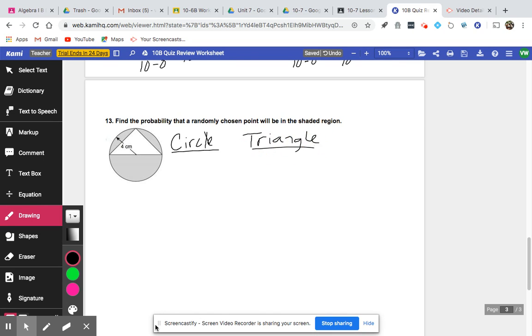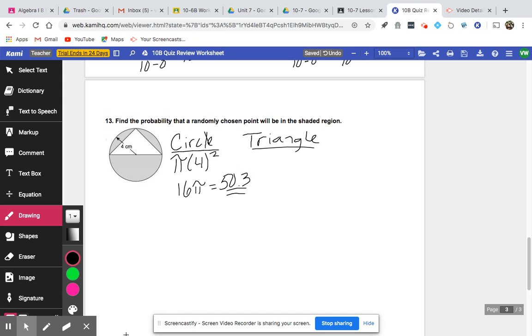And then we need to subtract the two that we find. Here the radius is 4. So we're going to take pi times 4 squared. That's 16 pi. We're going to convert that to a decimal, which is 50.3.